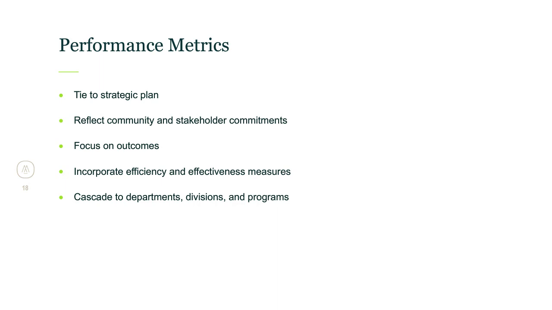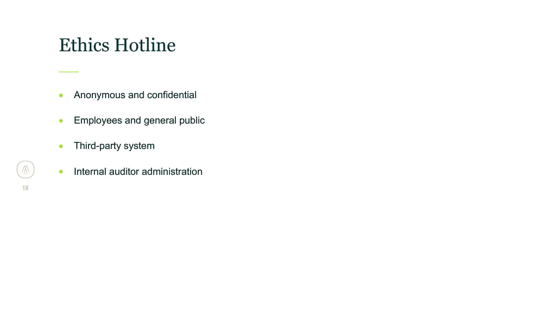And then third, your ethics hotline, if you have one. And this is a best practice. It's probably an overused term, but don't think of an ethics hotline as just a mechanism to identify issues, i.e., a detective control, or a way to identify things.